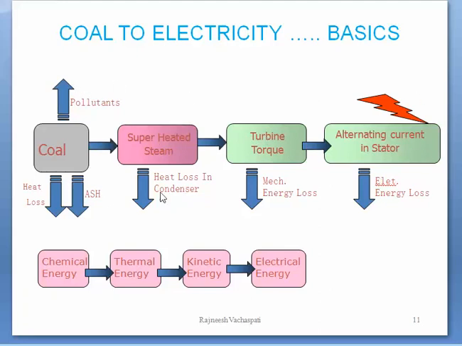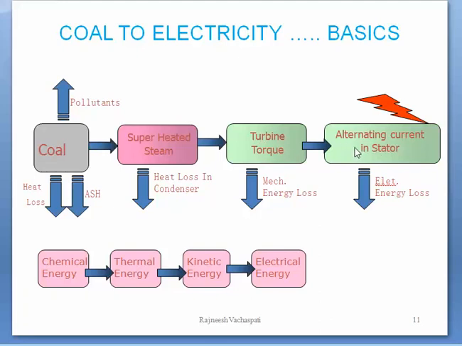As this is a closed cycle, the steam which is generated, after expansion comes to the condenser, where it loses its heat. That is also a loss. Depending upon the efficiency of the turbine, there will be mechanical energy loss in the turbine.